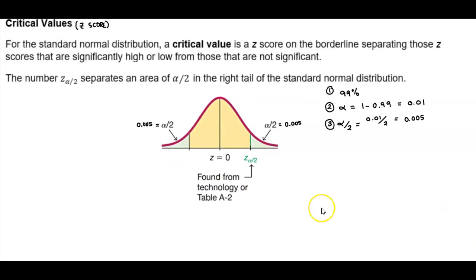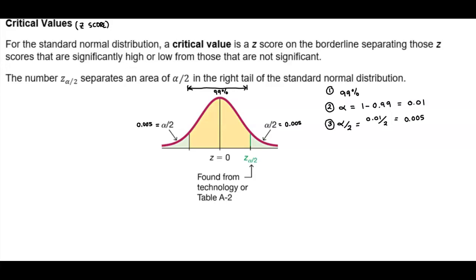So in this middle section here, this is going to represent the total of 99%.